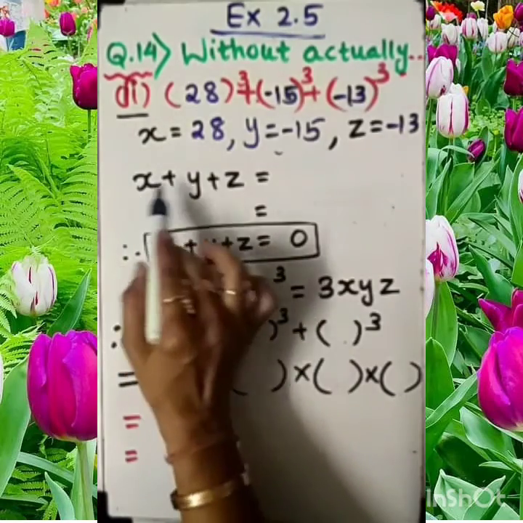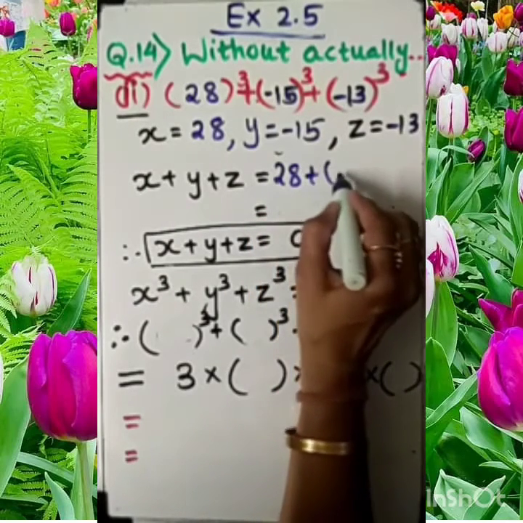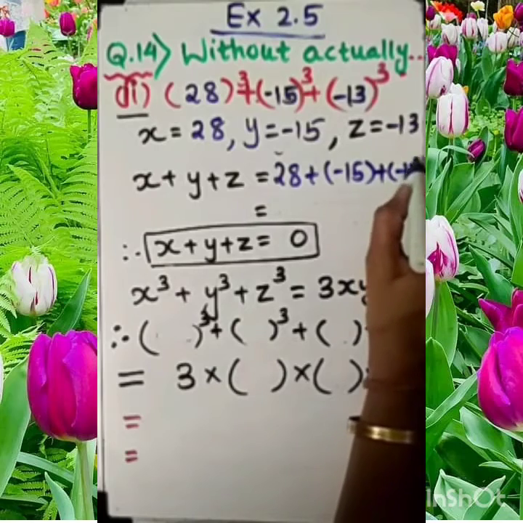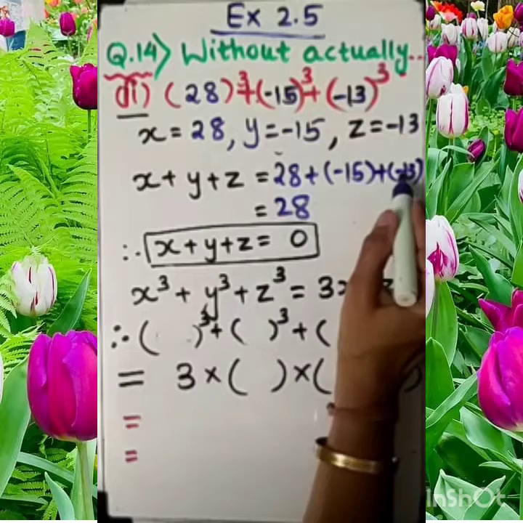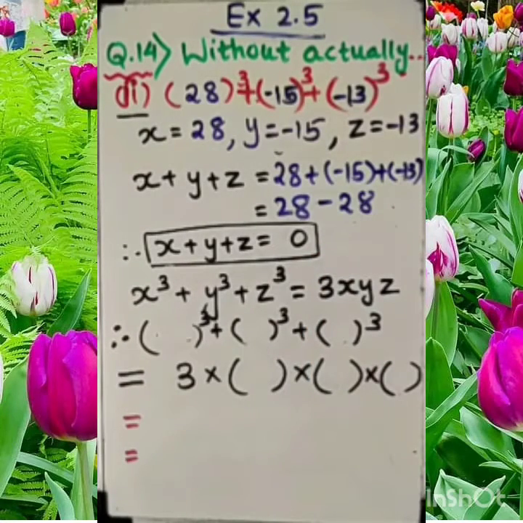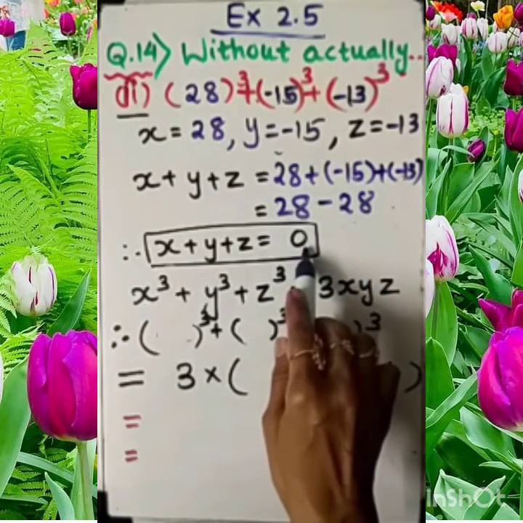Now let me add. First is 28, then minus 15 in bracket and minus 13 in bracket. Dear student, here we know minus 15 minus 13 is minus 28, same sign addition. 28 minus 28 is 0.